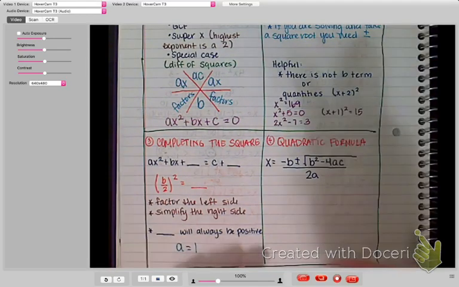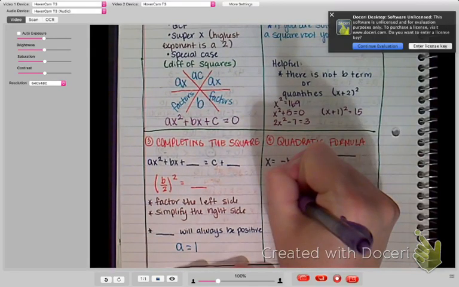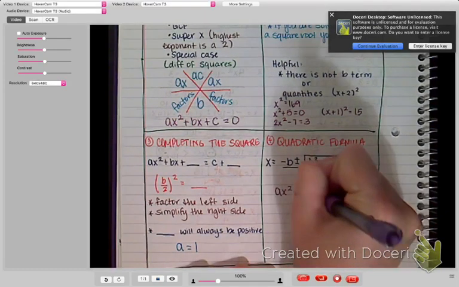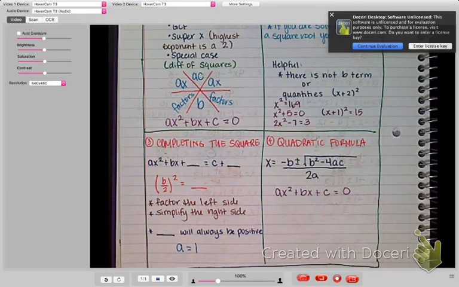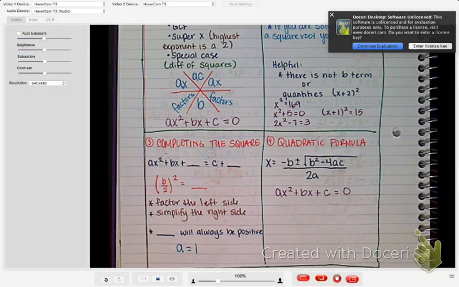You want to make sure that you are in standard form. So again, ax squared plus bx plus c equals 0. You have to be in standard form in order to use the quadratic formula.